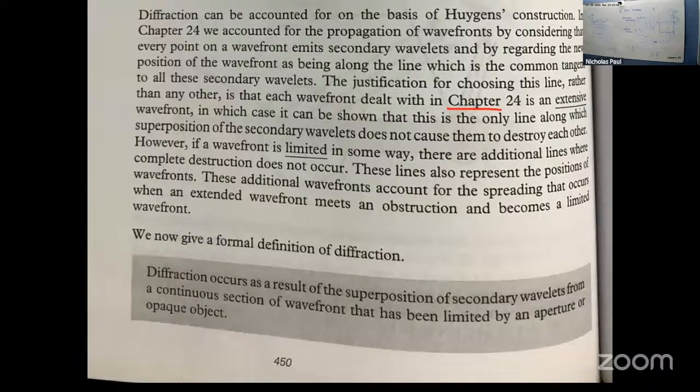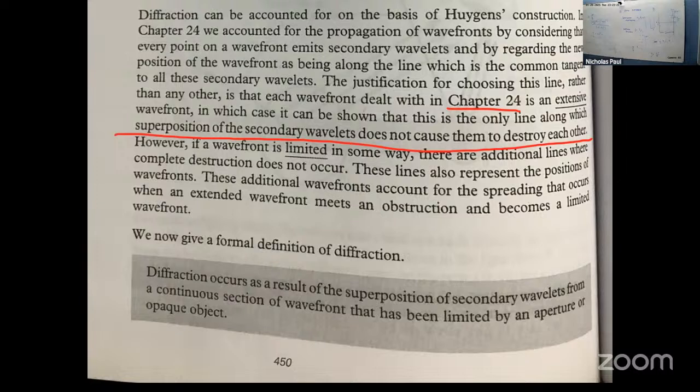Chapter 24, the extended wavefront, in which it can be shown that this is the only line on which the secondary wavelets superimposed do not cause them to destroy each other. All right, so you're seeing that the secondary wavelets produce it, and they don't destroy each other.